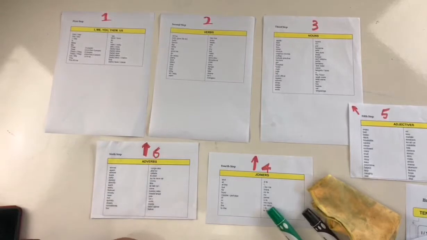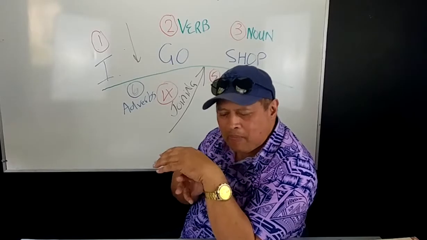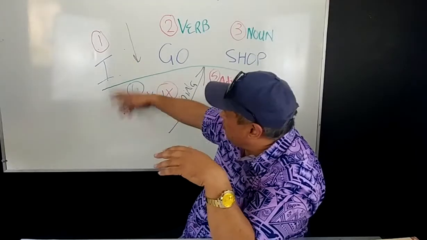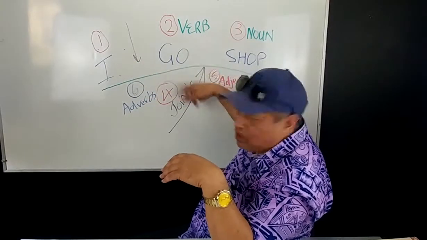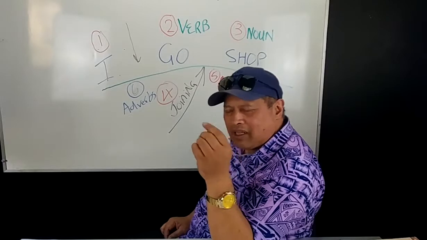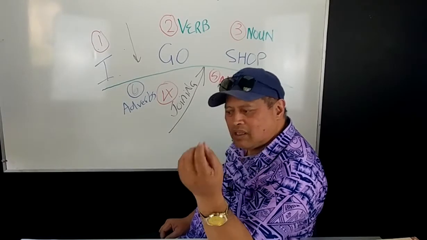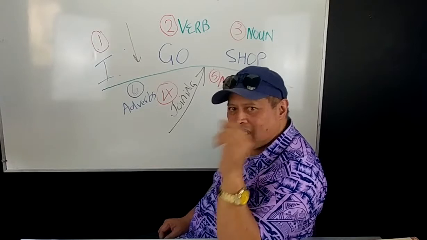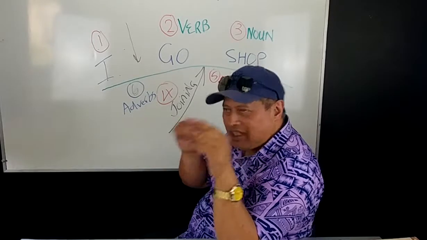In the lessons that come with this program, we've got the list of words for each one, probably about 10 verbs, 10 nouns. Part of it for you is listing out the words that you use the most, and then slotting them in.